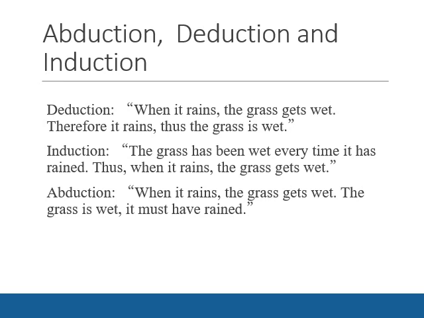So abduction would combine the rule, when it rains, the grass gets wet, with the conclusion of the grass is wet, to determine the precondition of it must have rained. This type of logic can be viewed in any episode of Law and Order or any other deductive show on TV. These concepts are important to think about because they will help us identify types of models as well as provide insight into what assumptions might have been made.